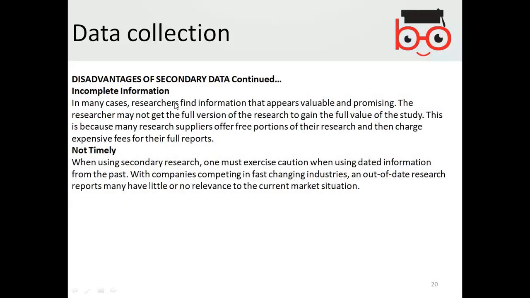Incomplete information. In many cases, researchers find information that appears valuable and promising, but the researcher may not get the full version of the research to gain the full value of the study.